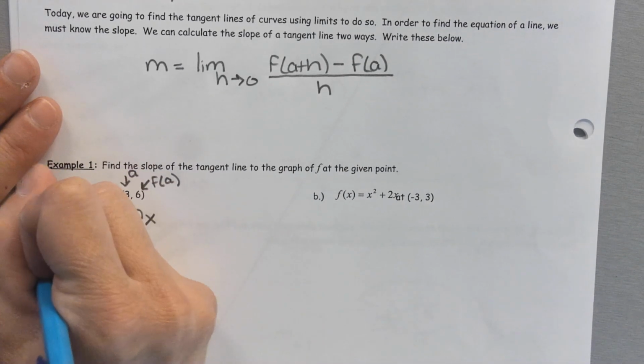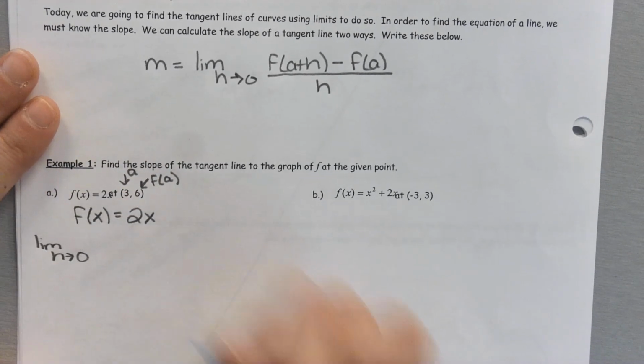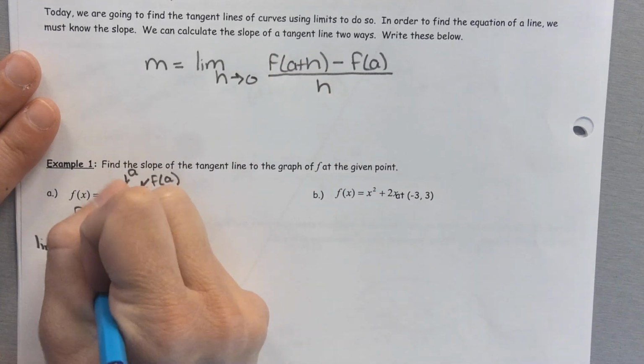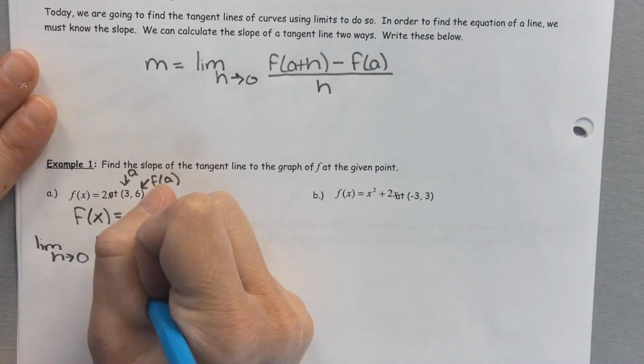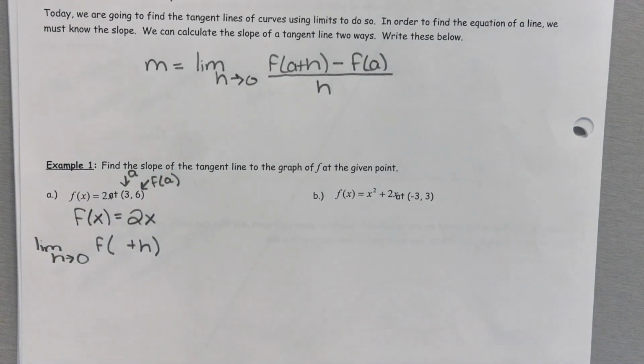So we are going to find the limit as h approaches 0 of f of a plus h. All right, I don't know what h is, so when I go to write this in, I'm going to leave my h because I don't know what it is. I know I want to approach 0 with it, but other than that, I can't do anything else.